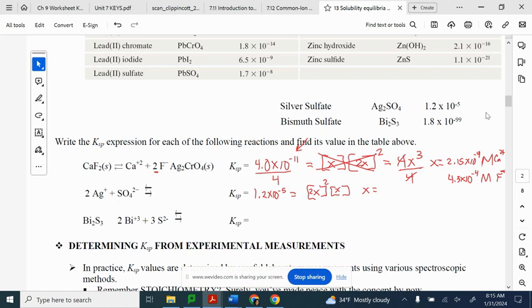You okay? That is the molarity of the SO4.